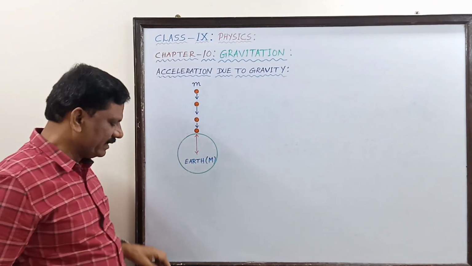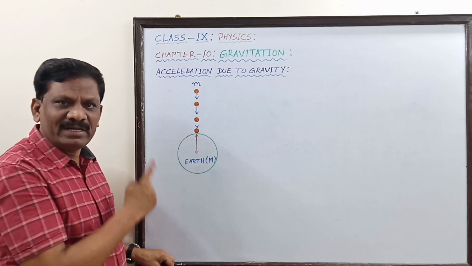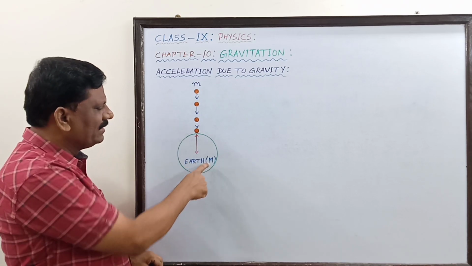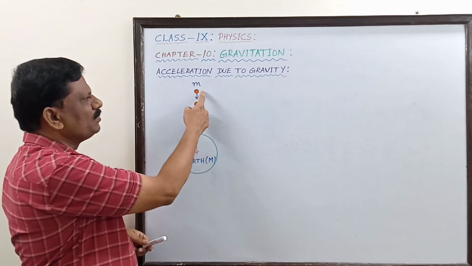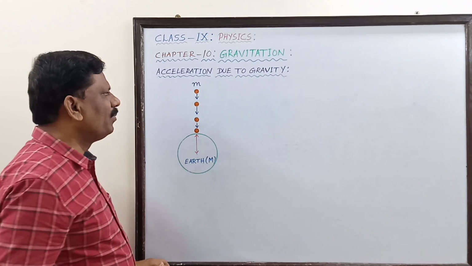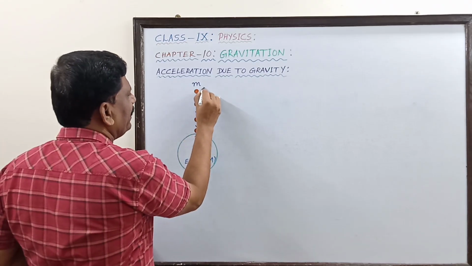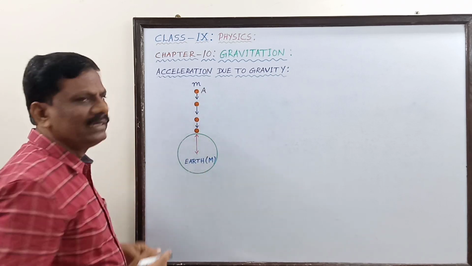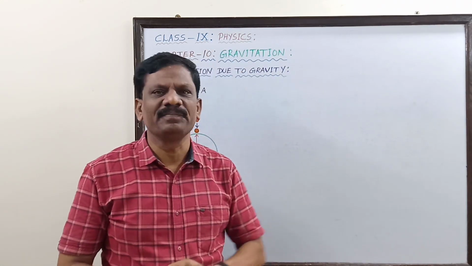Okay, now let us take this larger sphere as our earth and its mass is capital M. Now I will take a small mass small m above the surface of the earth, at a point A, and I will drop the mass small m freely.